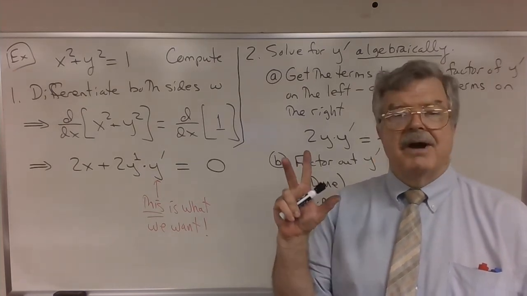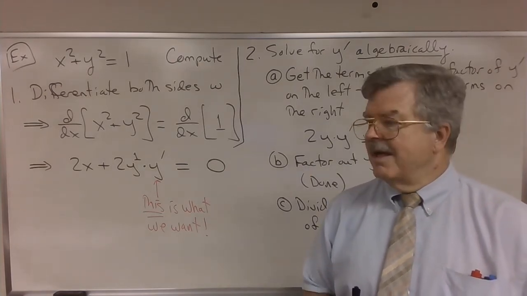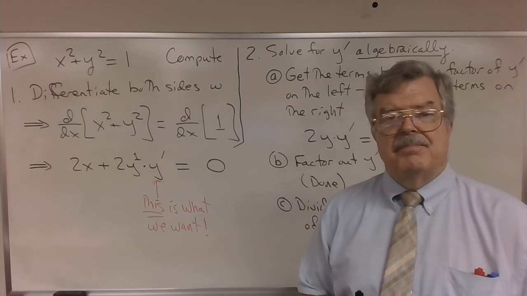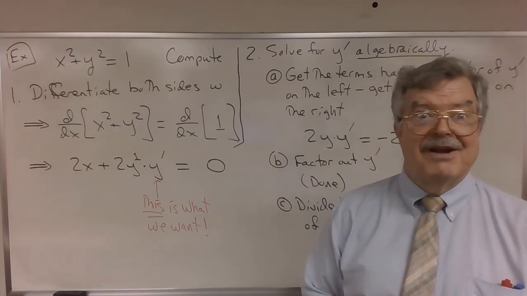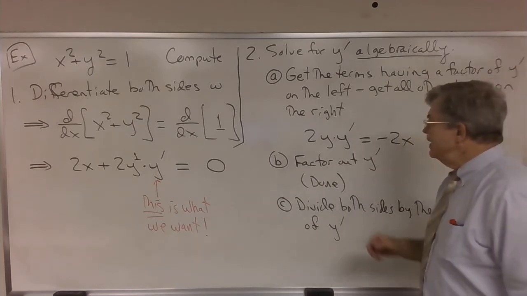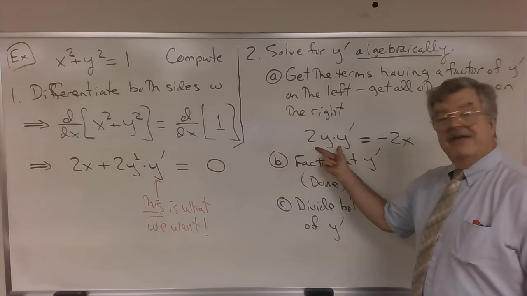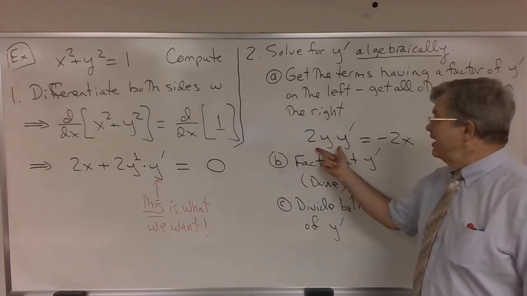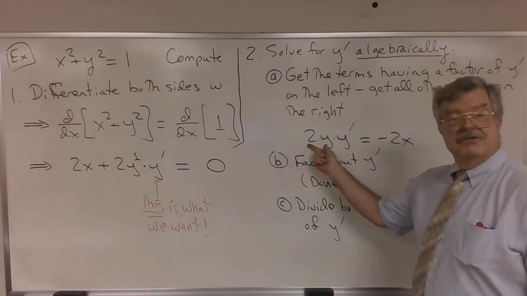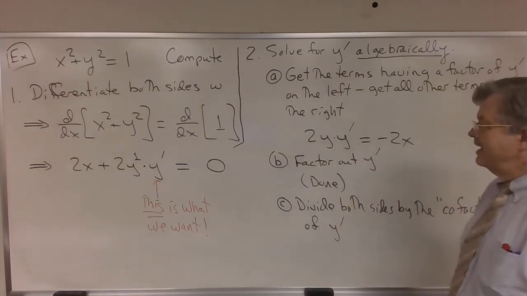If we have two pilots flying an airplane, they are co-pilots. If we have two people conspiring against the government, they are co-conspirators. We have two things multiplied together as factors. They are cofactors. y prime and 2y are cofactors of one another.